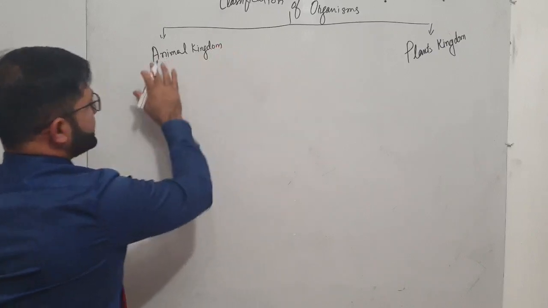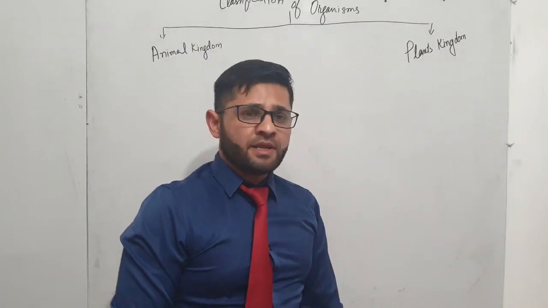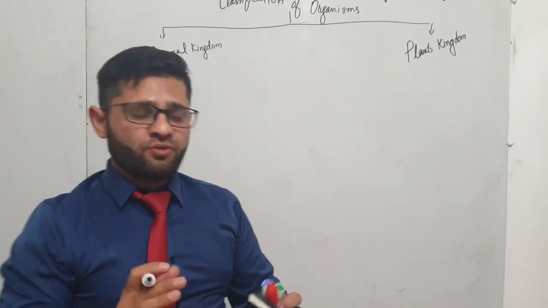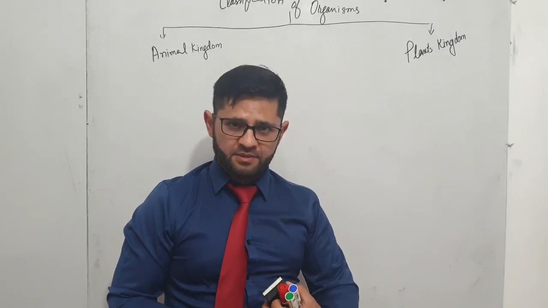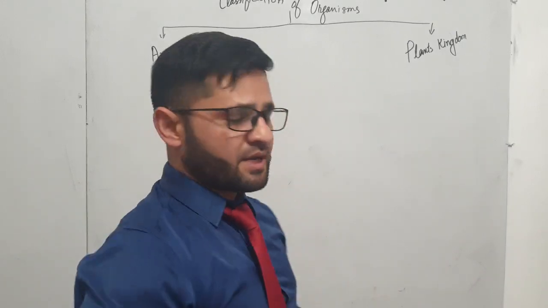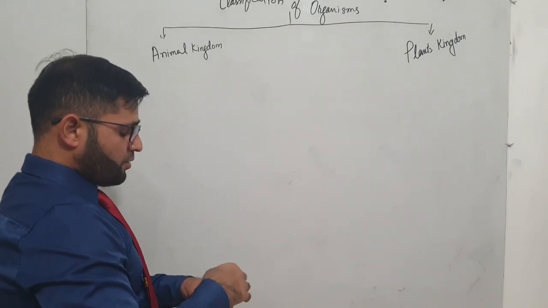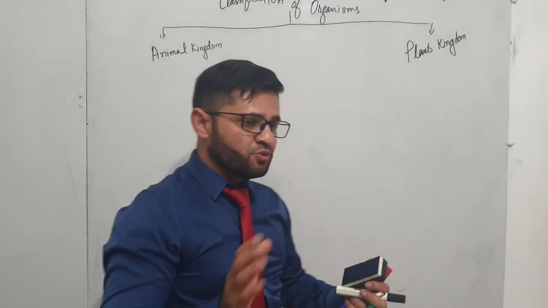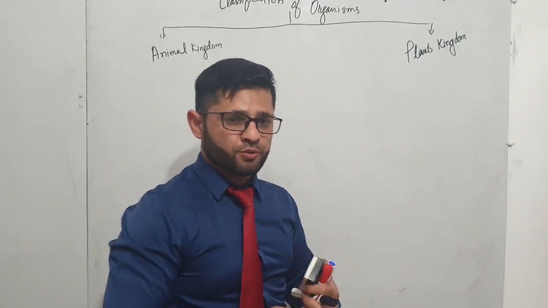All the organisms were placed in either the plant kingdom or the animal kingdom, and this classification was based on the cellular features of organisms. So let's see what were the features on the basis of which they were separated from each other and placed in different groups.